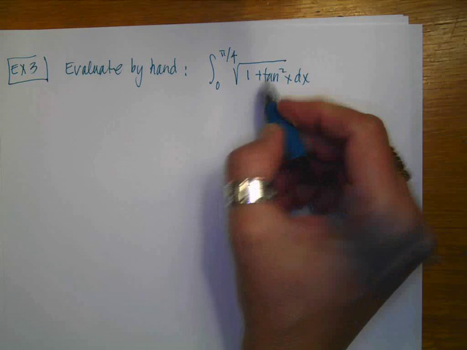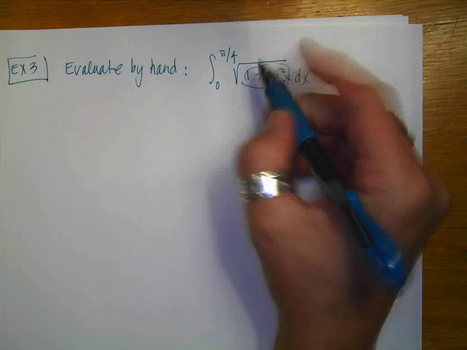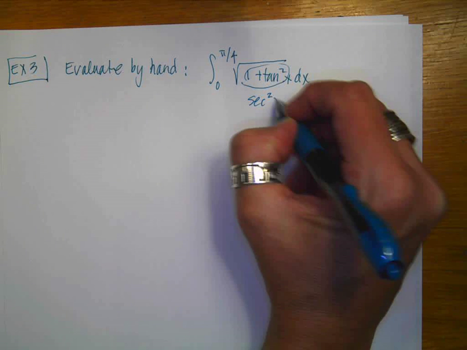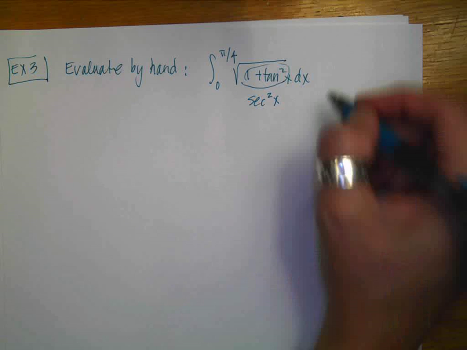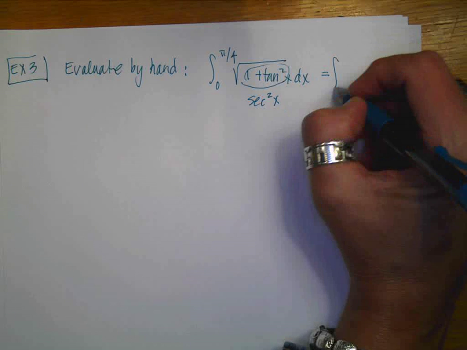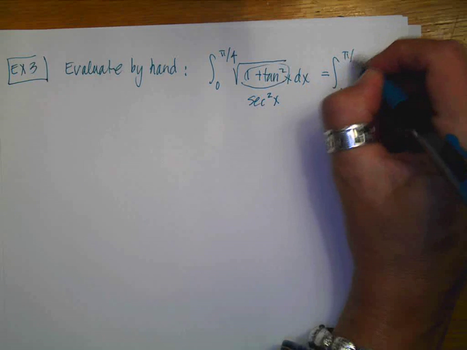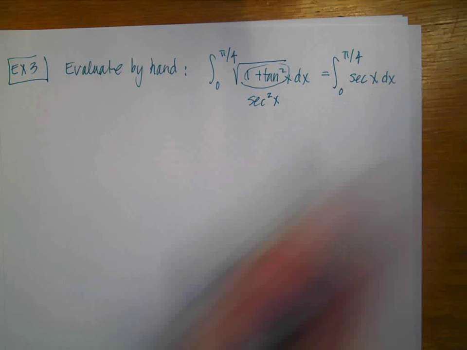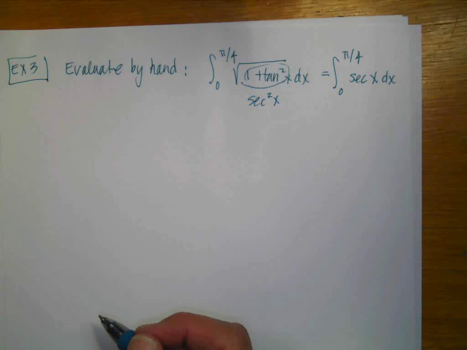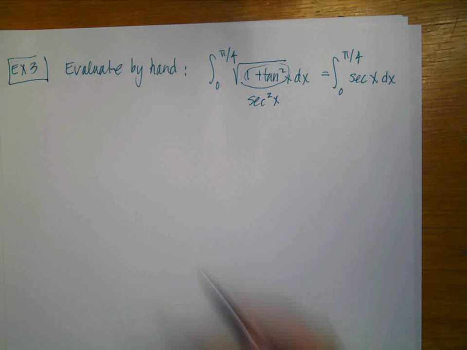If you'll remember from pre-calc, 1 plus tangent squared x is secant squared x, and the square root of secant squared x is just secant x. So this becomes the integral from 0 to pi over 4 of the secant of x dx, which is a lot simpler than the way the problem actually started.